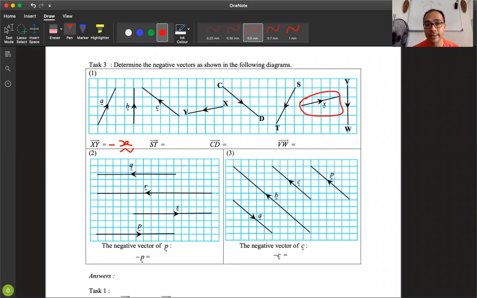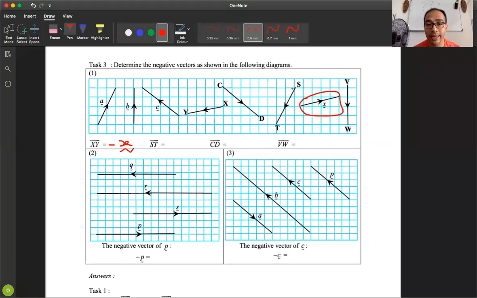Negative vector X, because vector X is going this way, but we want vector XY to be going this way, downwards like this. So we have to put the negative to show that if we put vector X the other way, then it becomes the same as vector XY. This is what we call a negative vector.